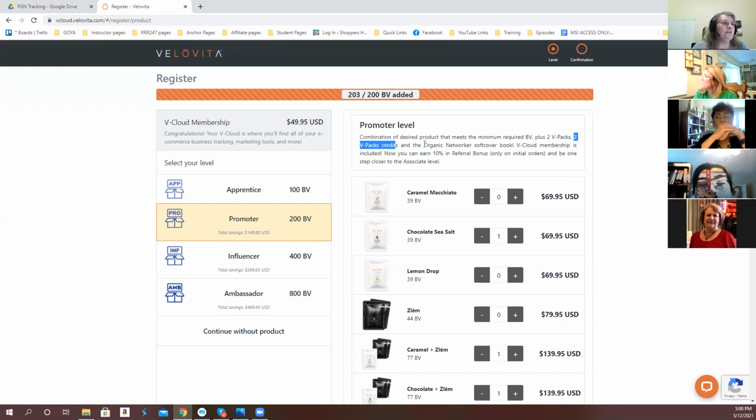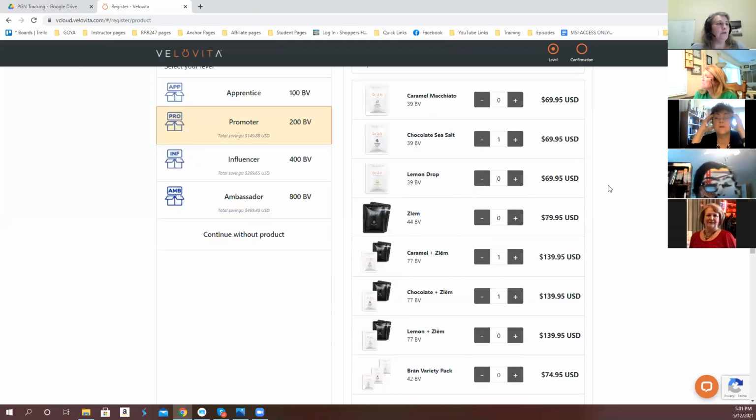Then you also get Costa's book, plus the vCloud membership is included. That's how they're coming up to the 149 plus in savings. You're getting a lot more product for $50 more than Apprentice.